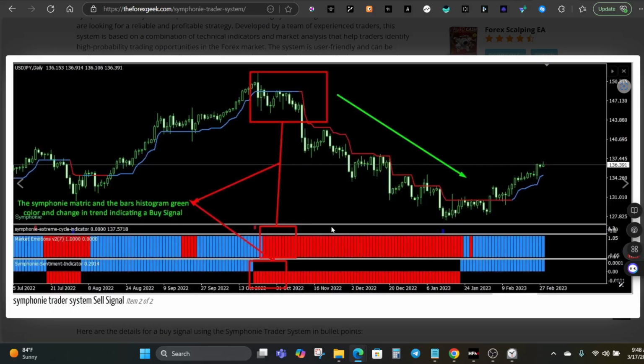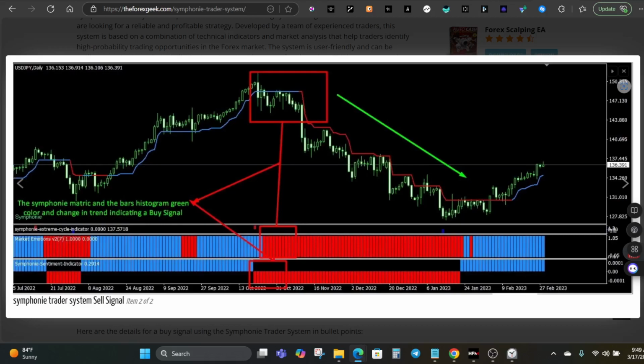The three indicators must give you the same signals before you go ahead to enter your trade. Once you have done that, you can set your stop loss above the previous swing high, that's for a sell. And then for your take profit, you can target support levels, or you can just wait for this indicator to turn back to blue with the price trading above it.